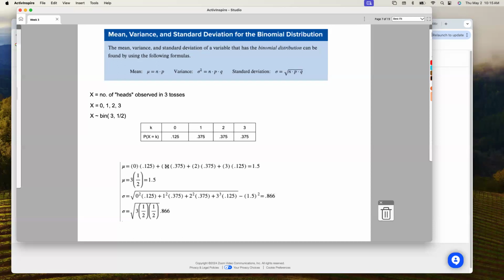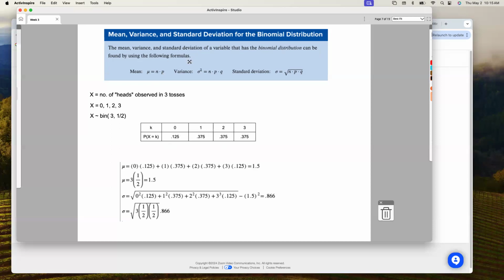I didn't do that here. I'm just illustrating the end result, but I could prove that this formula is really using the traditional formula that we talked about last video, where we take 0 times 0.125 plus 1 times 0.375, 2 times this, and so forth. Add all those up, we get 1.5.